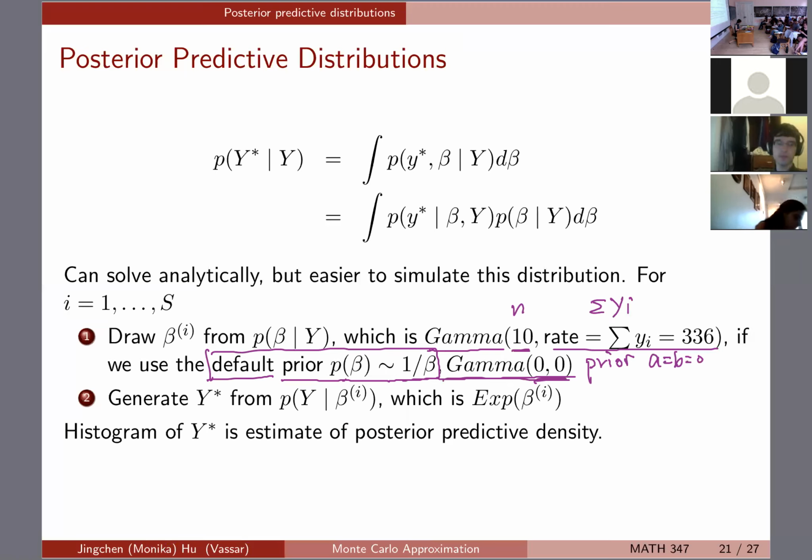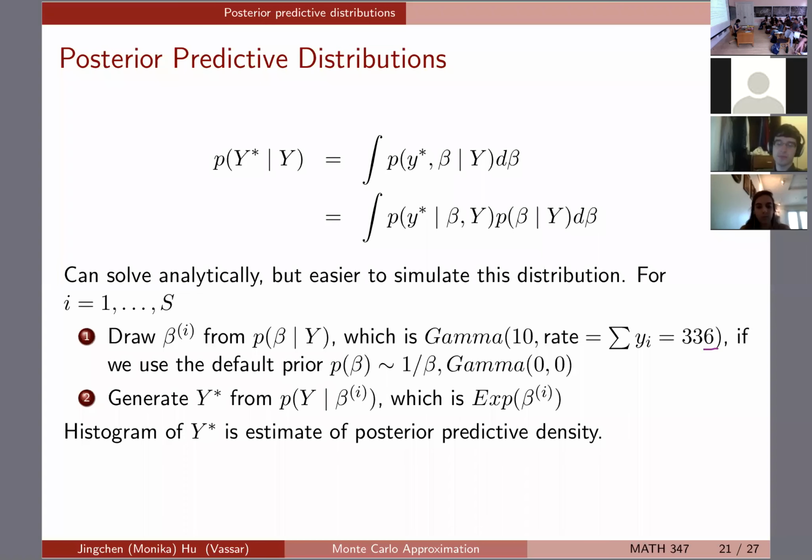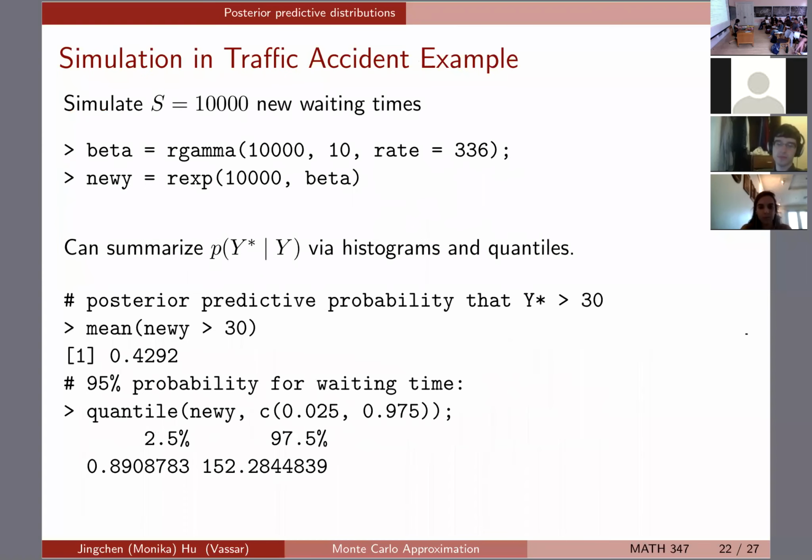For this particular traffic accident example, n is 10, and the sum of y is 336 from the data that I showed before. There are 10 data points, and the sum of them is 336. That means the posterior is a gamma 10, 336, and the data model is exponential with this beta. All right, so this is background, and let's see how you can do it.